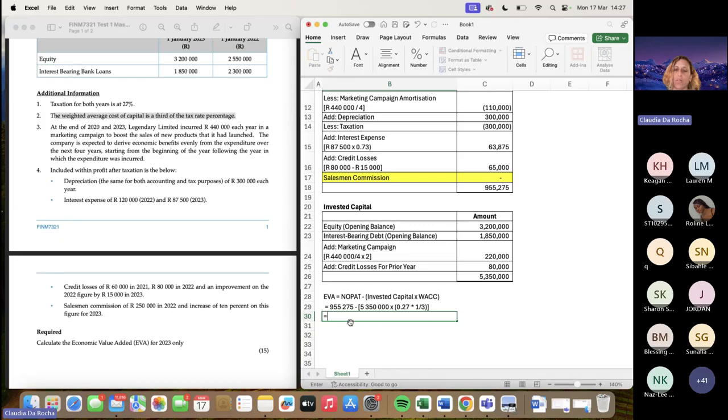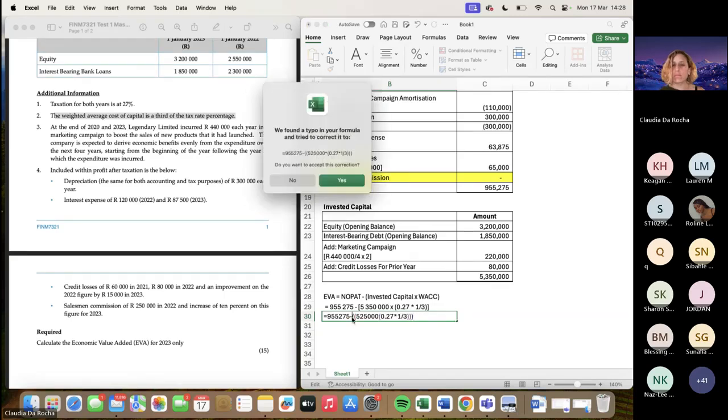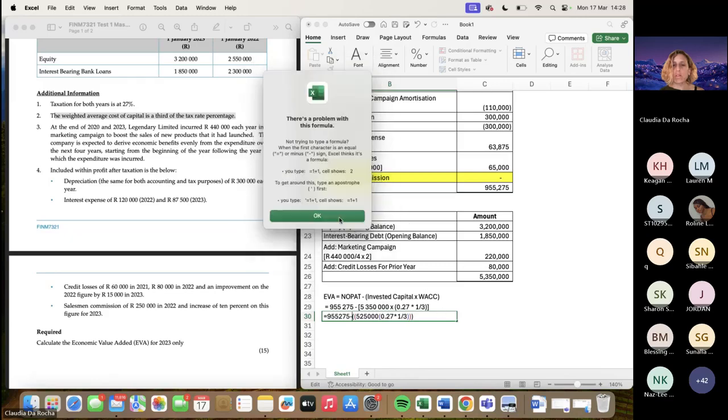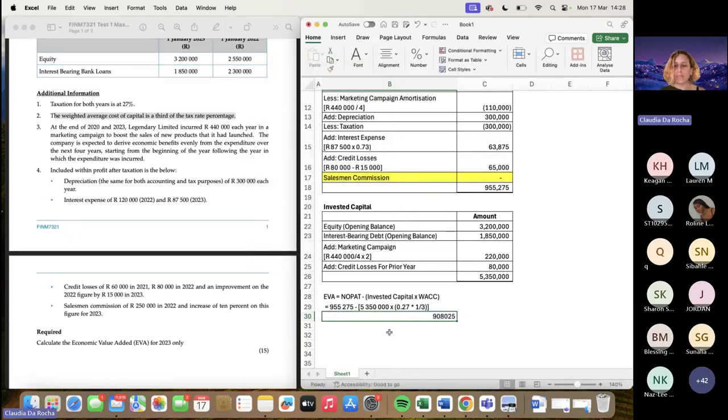If I had to solve that, I should write it separately.